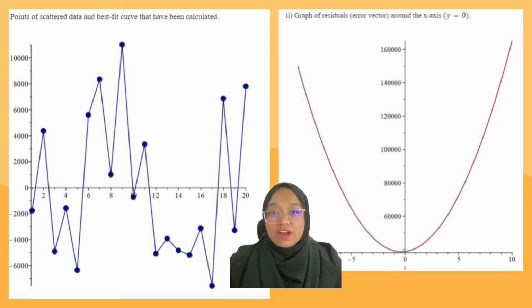Firstly, points of scattered data and the best fit curve that have been calculated. As you can see, our x-axis is from 0 to 20 because we have 20 points, and our y-axis is from negative 6,000 to 10,000.